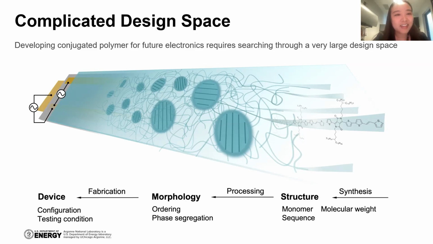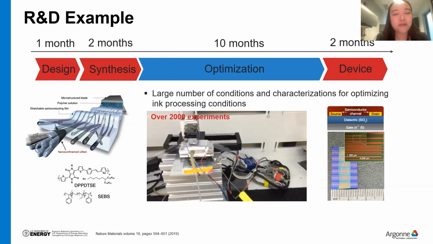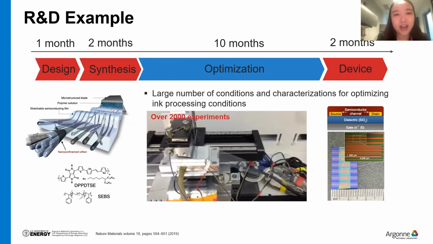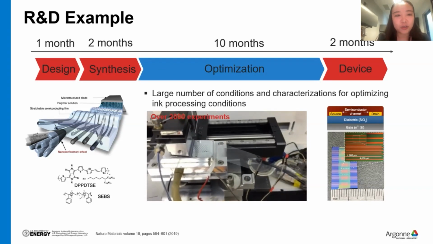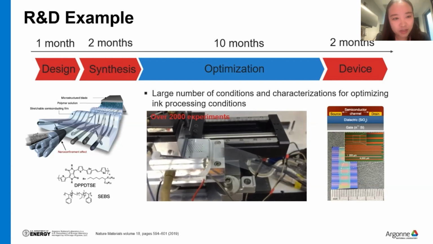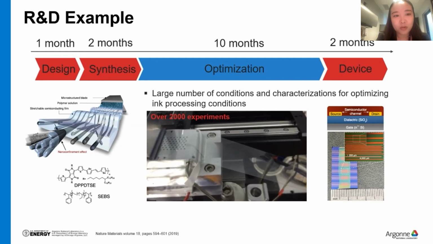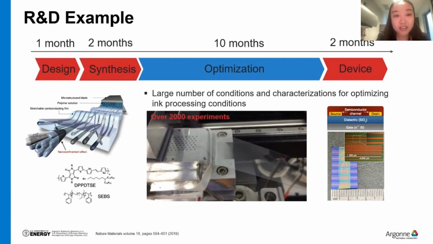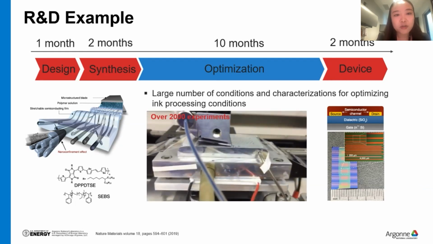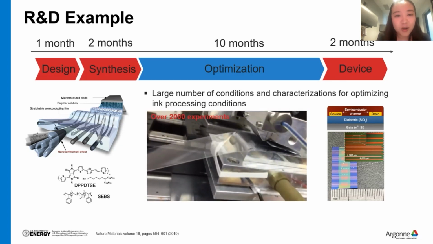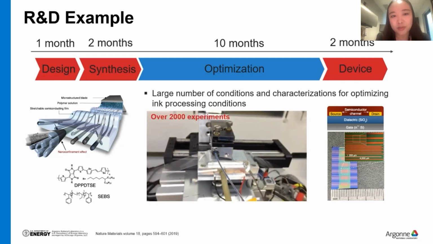I'll share an example from my own research to highlight the need for a new research method. For this research, the goal is pretty simple. We want to solution print a stretchable semiconducting polymer with improved electronic property.